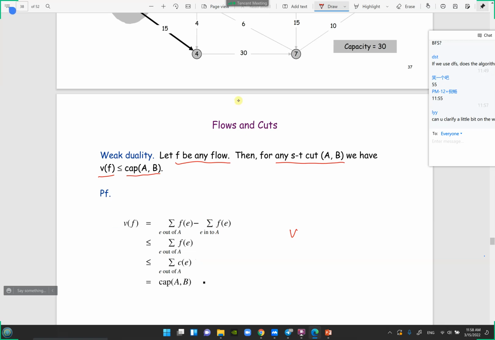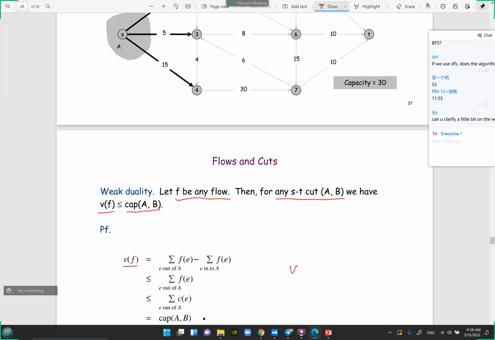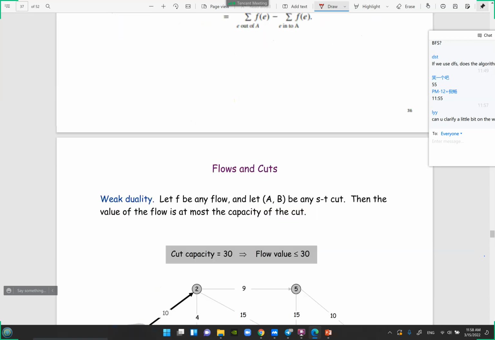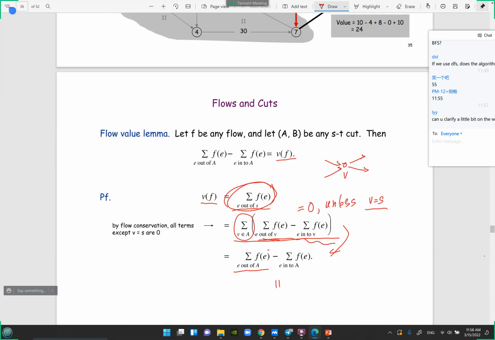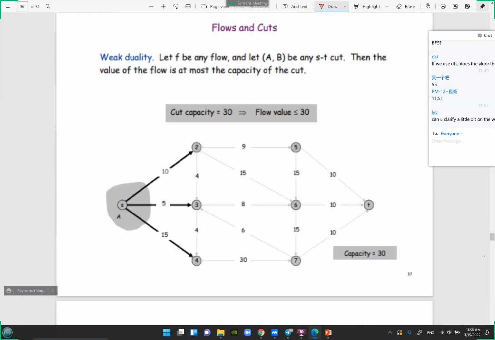The reason is that we know the size of this flow, which is the size of the flow going out from S, is equal to how much flow goes out of A minus how much flow comes into A, right? This was the previous lemma that we had, the flow value lemma.